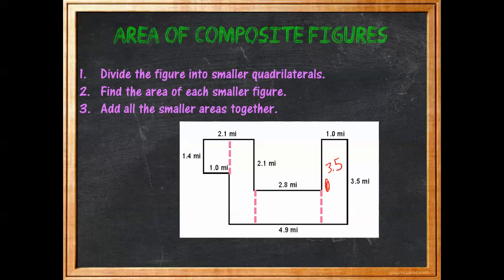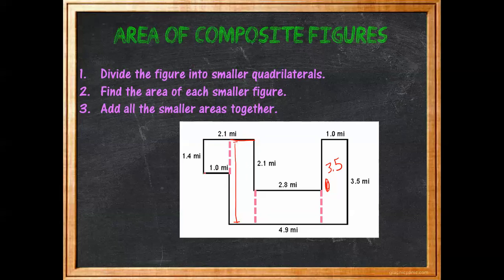Now, if we look over here, we divided this one off into this giant one. So we know that this whole side right here, up and down, is 3.5. And then if we look up here to find this area, we know that this is 2.1.